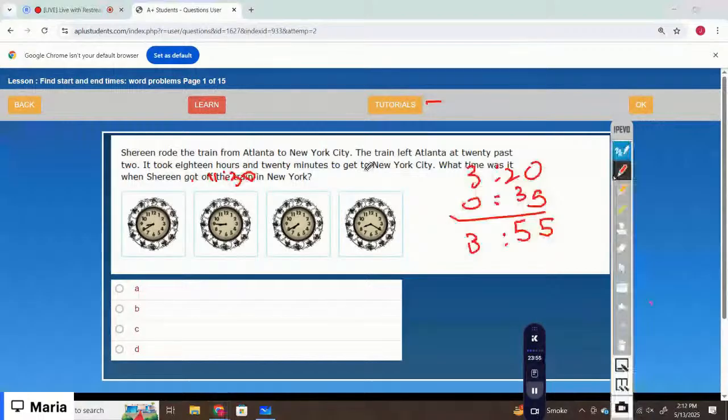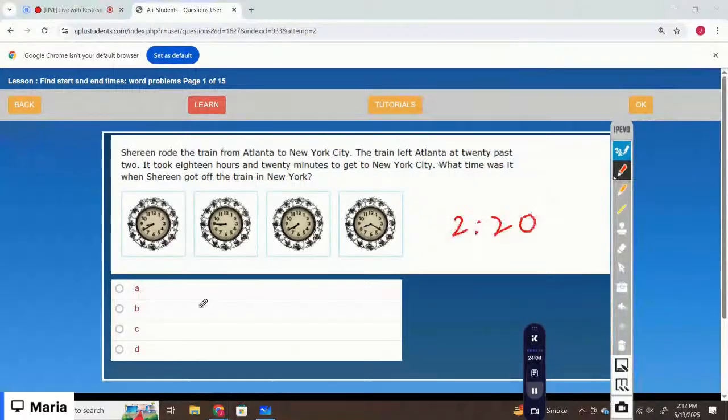So the train left Atlanta at 20 past 2. That means that would be 2:20, right? It took 18 hours and 20 minutes to New York City. What time was it when she got off the train?